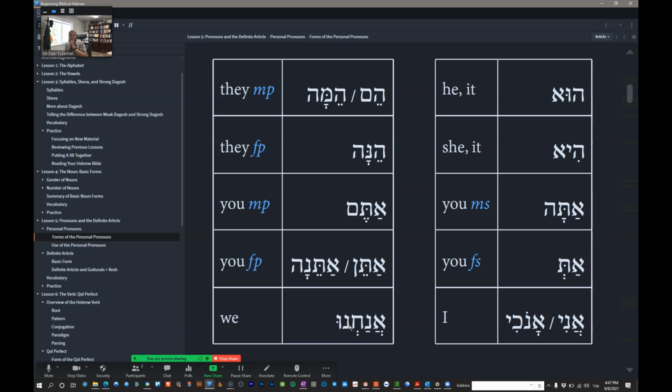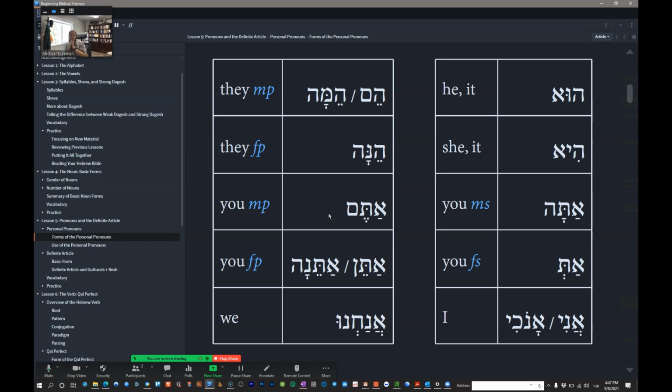That means we ate. If I wanted to say I ate, I would take achal, and then I would put that T sound, that tav back in there, even though it's not on here, and then I would add the hirik yod from these pronouns to it. Achalti. Achalti would be I ate.